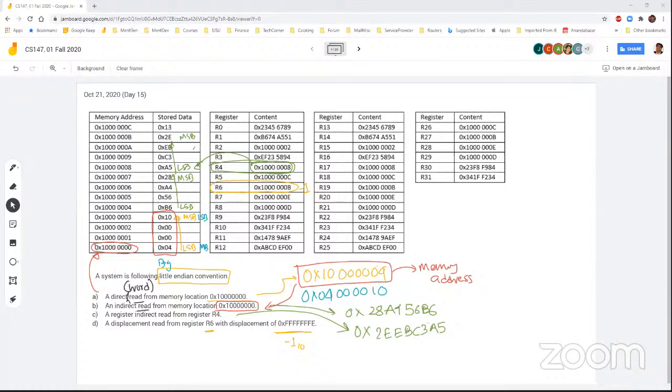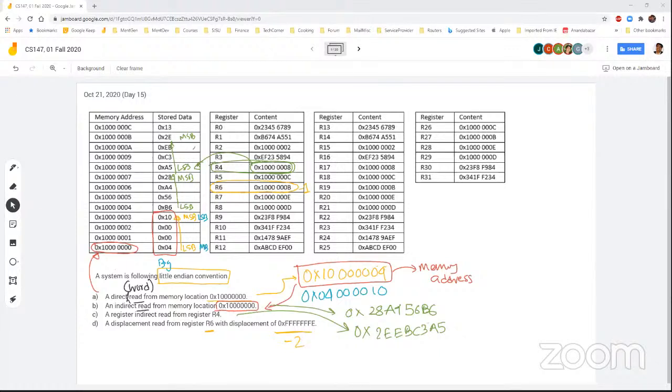I thought that would be -2. Is it -2? I could be being dumb. All F is -1, you're right, actually. FFE is -2. Yep, you're correct. So this is -2.